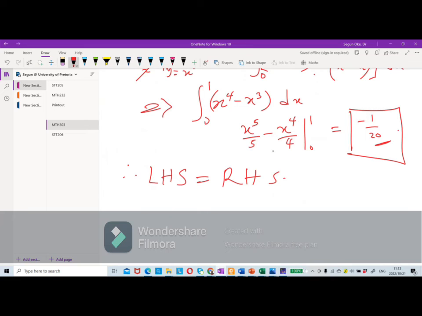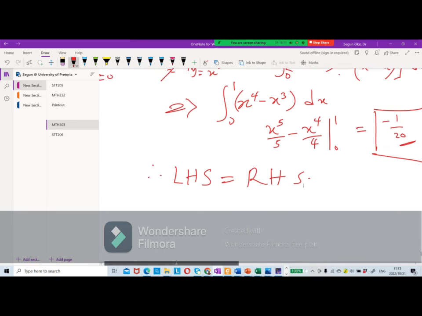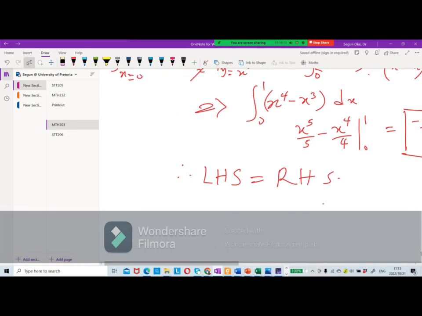But now let's look at another question. Don't run away when I give you this question. It's just as simple as anything. Number 2, integral of this. They will not ask you to verify again in this case. They just want you to solve.